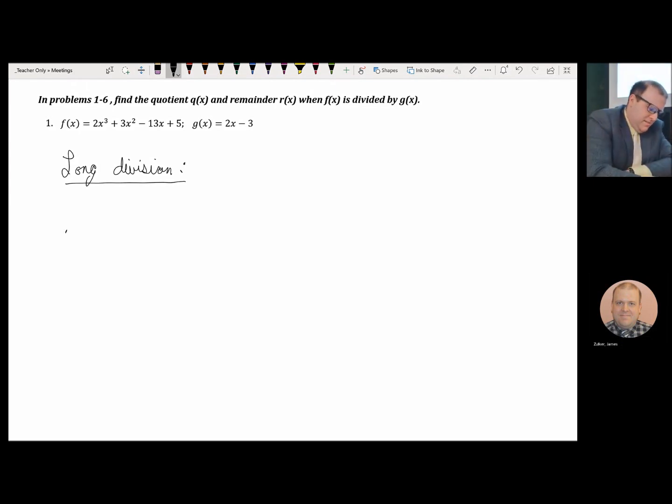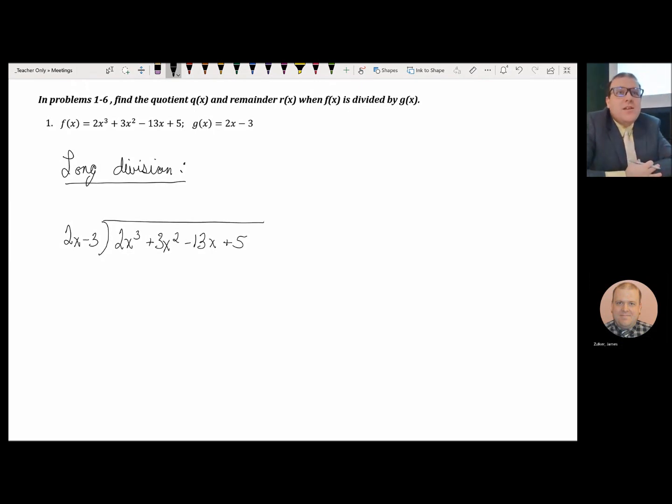The divisor goes on the outside. Your dividend goes on the inside. Now here's the game that you play. Look at the first term of the dividend. What is it?